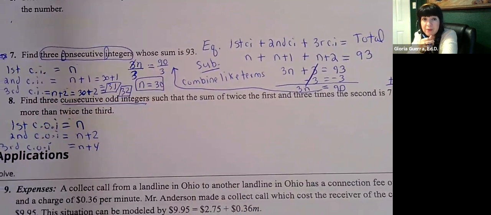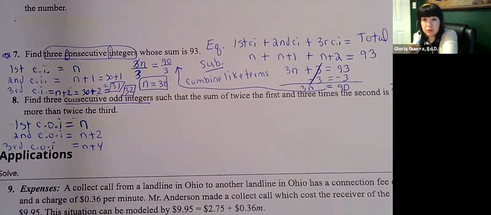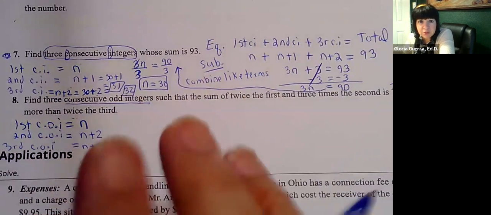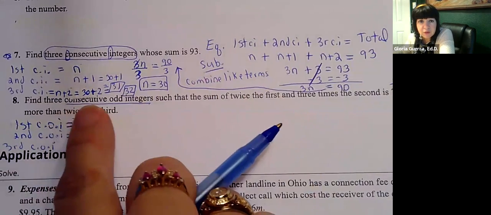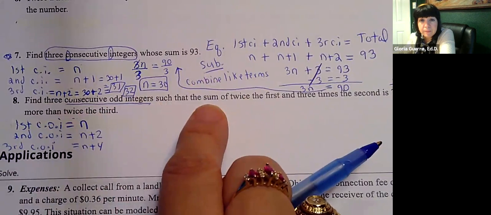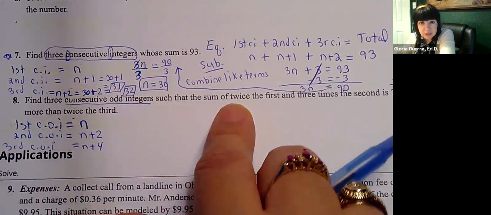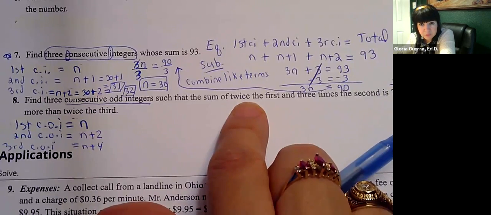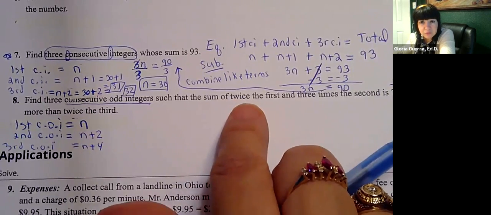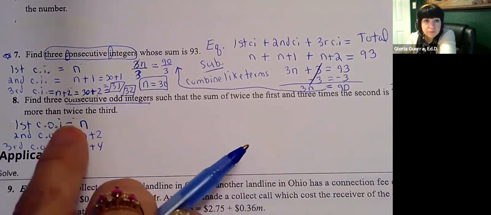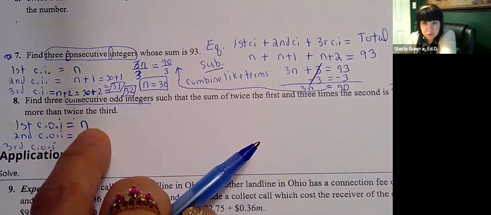Now look how you're manipulating. You're not just taking a sum. There's a combination of things happening. Find 3 consecutive odd integers such that the sum of twice the first, and twice means times 2. So you go to the first one and multiply it by 2.